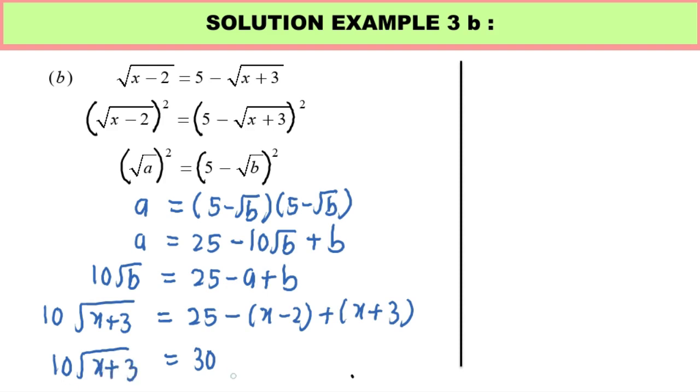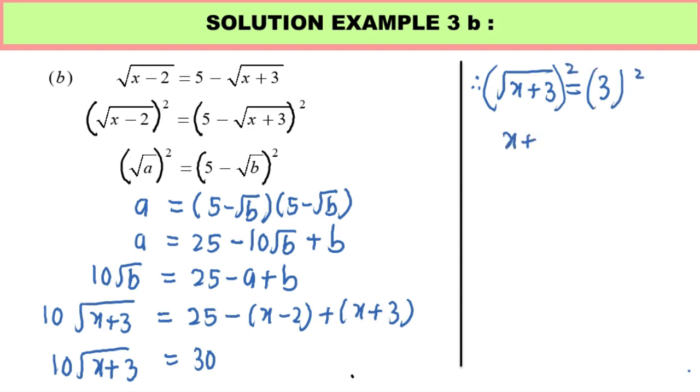Then bring 10 to the right hand side. I'm going to have surd x plus 3 equals 3. Then again, to eliminate the surd sign, we're going to square both sides.